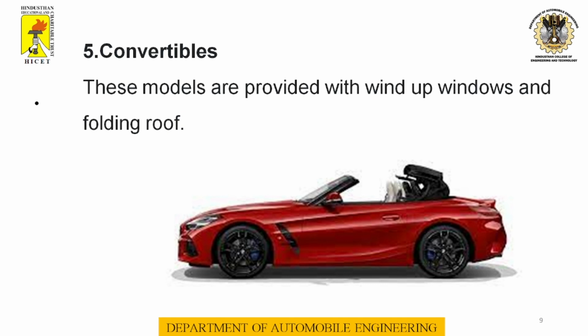Next, visibility. Visibility is an important point when discussing the car body. Good all-around visibility is now one of the main requirements of body design. This clearly depends on the window opening and its position relative to the occupants.